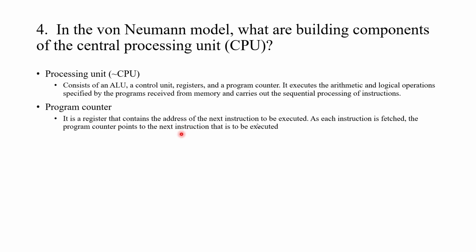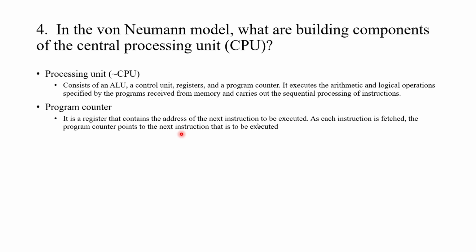What we have in our registers is a program counter, and this is a register that contains the address of the next instruction that is to be executed. It always contains the next instruction to be executed.